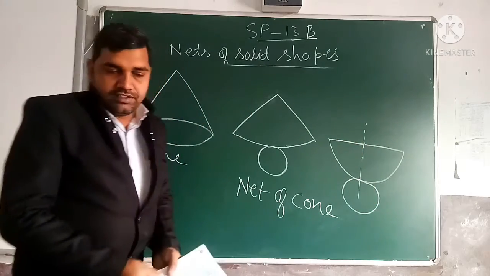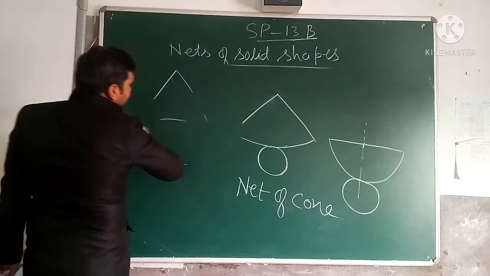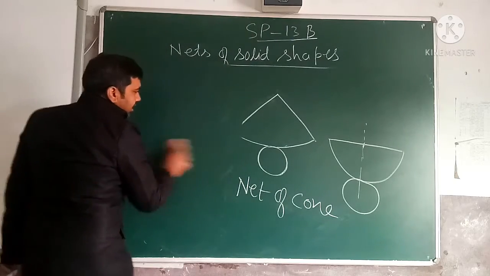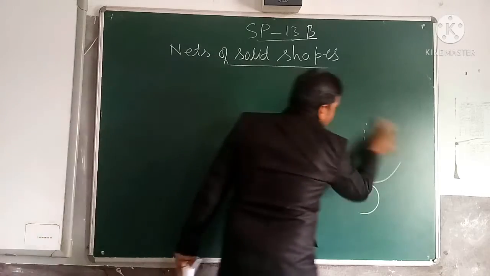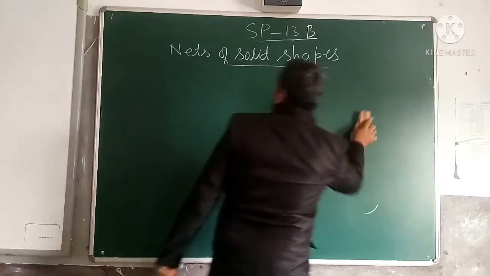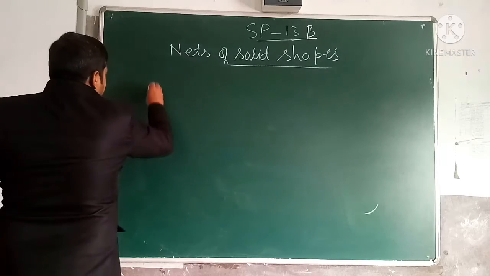Now the net of cylinder. Cylinder is made with the help of a rectangle. So when you unfold the cylinder, see, this is the cylinder.